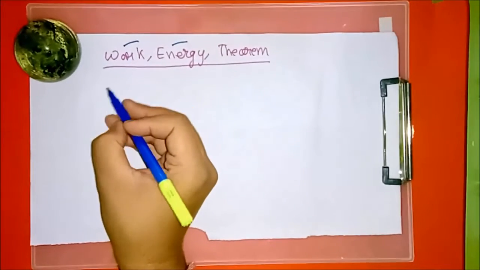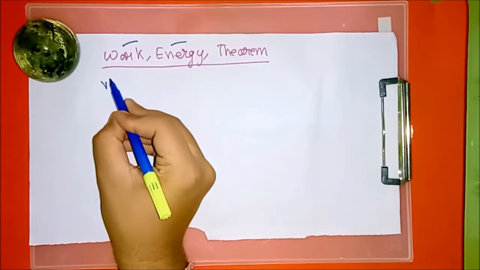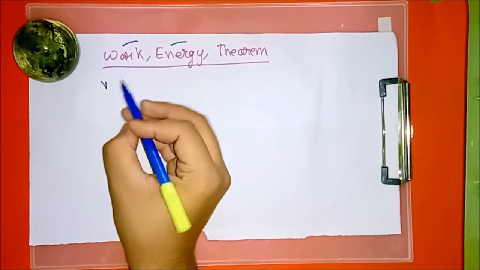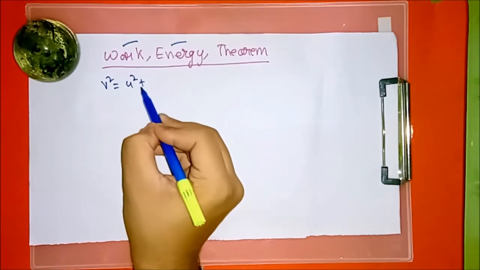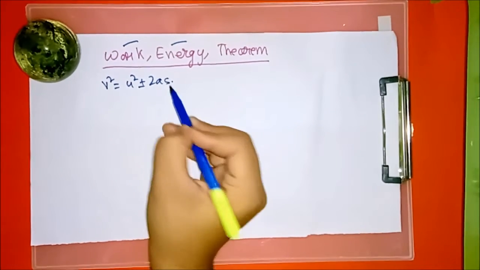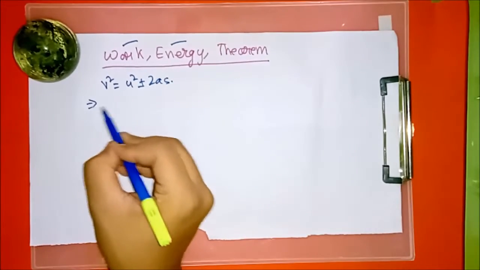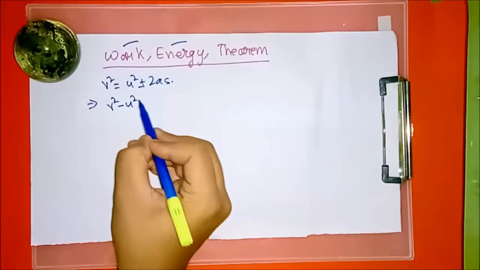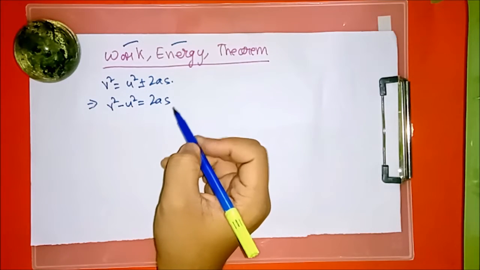Now, from the elementary ideas of kinematics, we have certain formulas in which there is a relation between velocity, acceleration and displacement, that is v square equals u square plus minus 2as. By simple manipulation, we can say that v square minus u square equals 2as, considering a positive acceleration value.